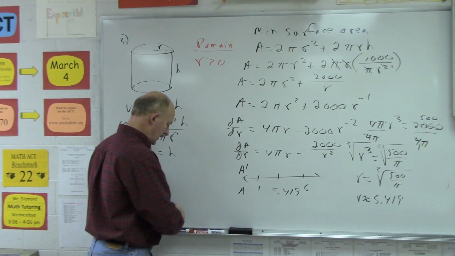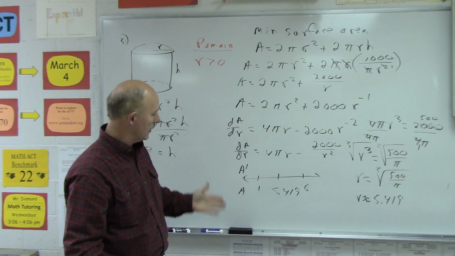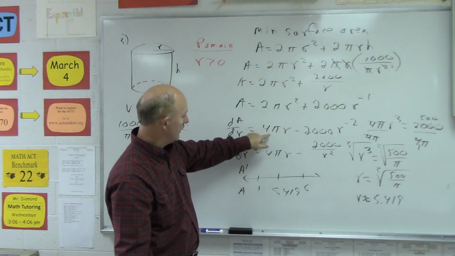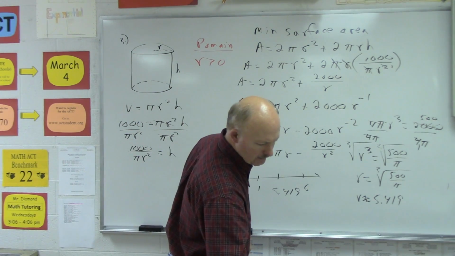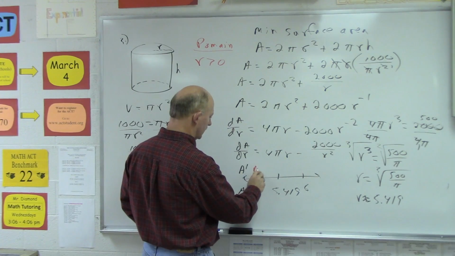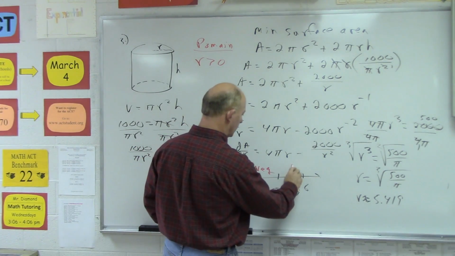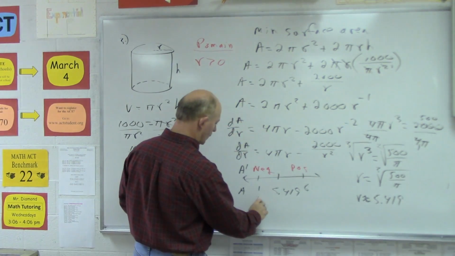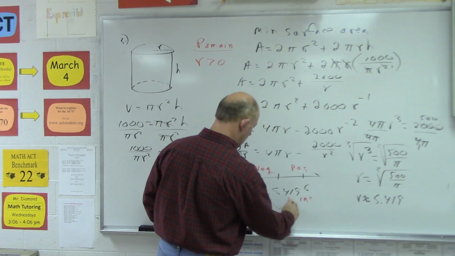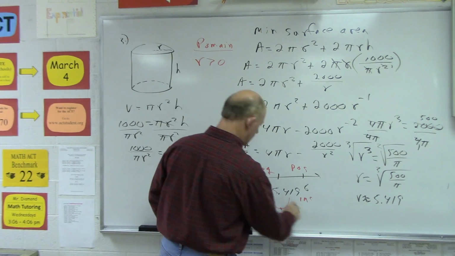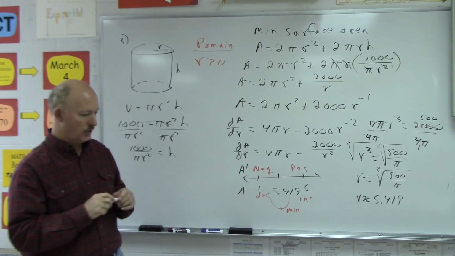Substituting these into your derivative gives us negative and then positive. So it's going to be decreasing to the left, increasing to the right. Decreasing and then increasing makes that a minimum. So that is our minimum value.